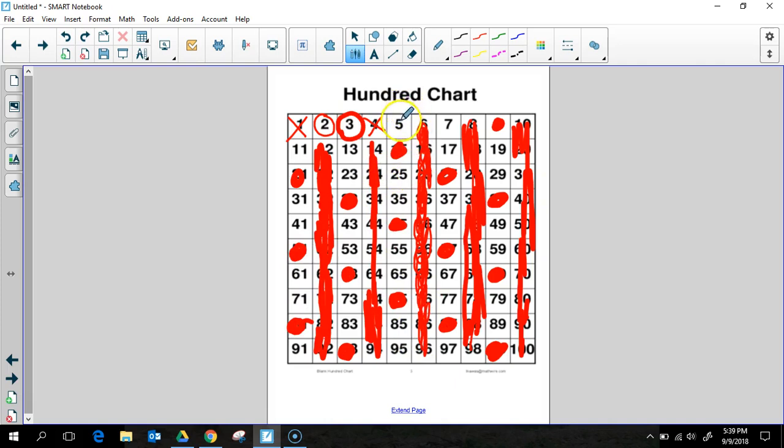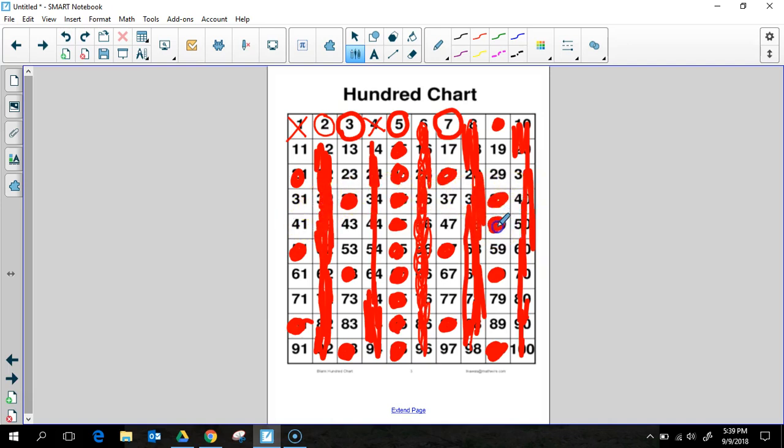All right, now the multiples of 5. 5 is a prime number. Multiples of 5 are pretty easy. It's all the ones in this column, and we already marked out all the ones that end in 0. 7 is another prime number. It has two factors, 1 and 7. Do we have any multiples of 7 left?